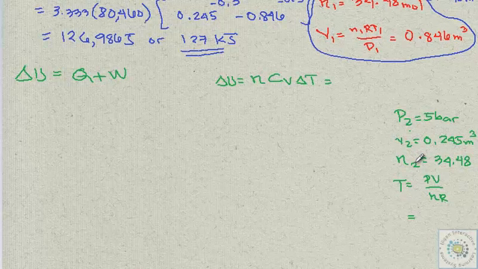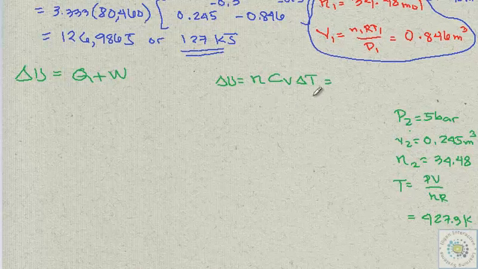V is 0.245, divided by n, 34.48, and R is 8.3145. It will give me a value of 427.3 Kelvin. That's the final temp.